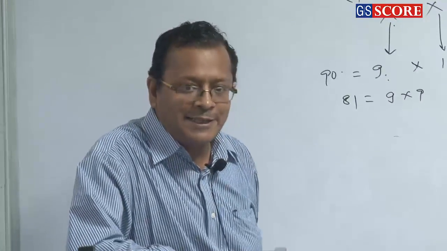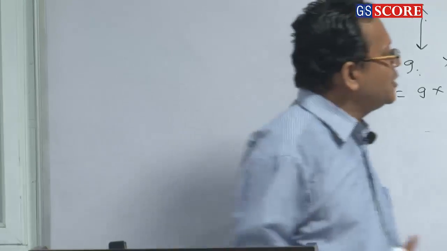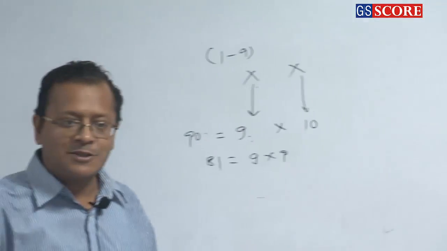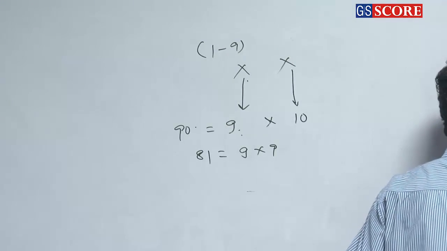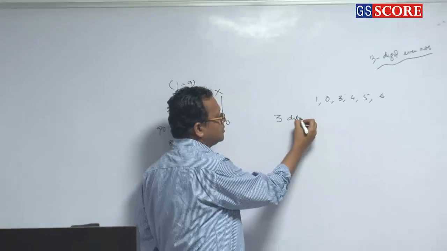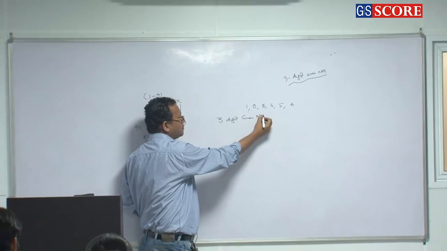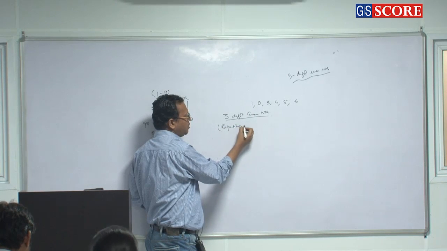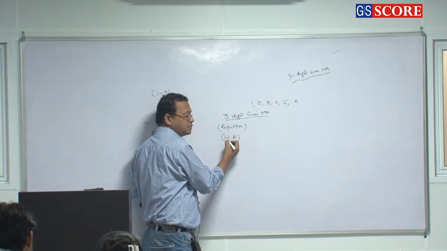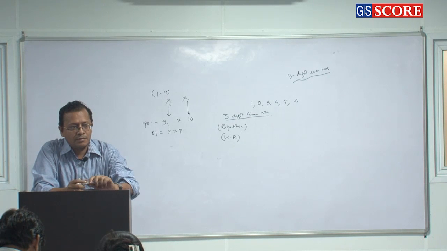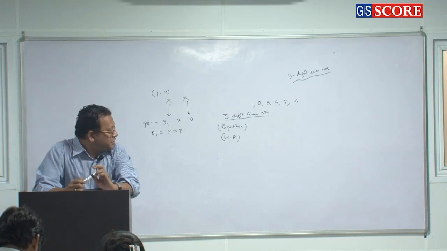Now confusion arises when instead of 2 I use 0, and then I ask you the question, how many 3-digit even numbers can be formed?